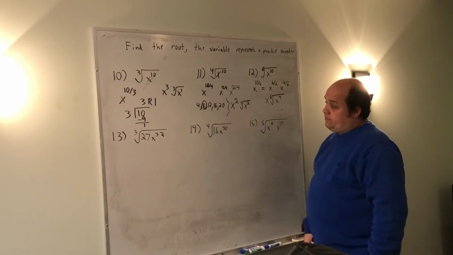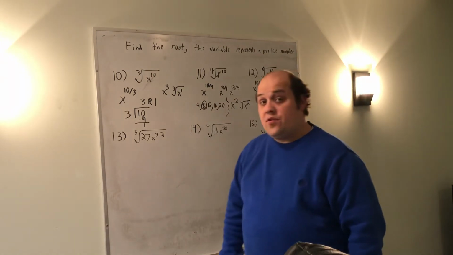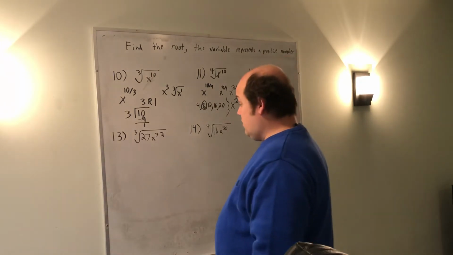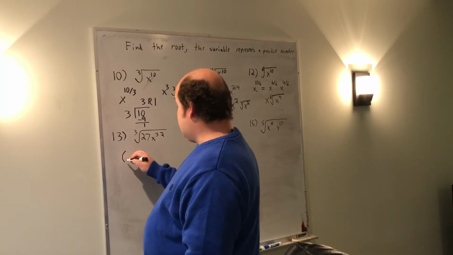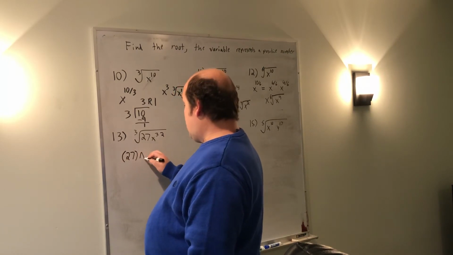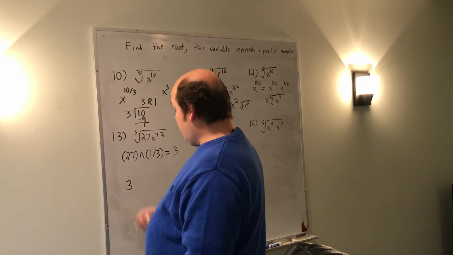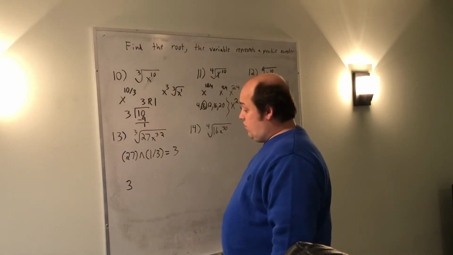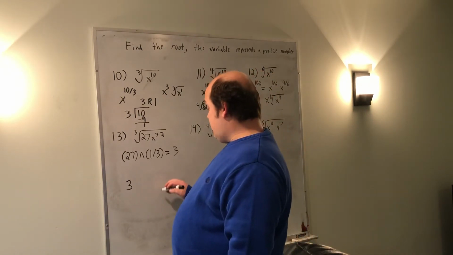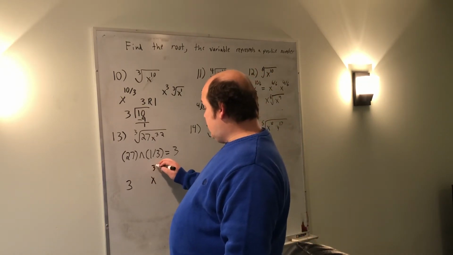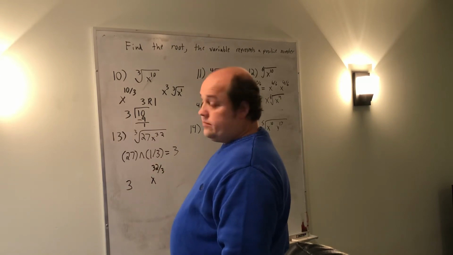When we look at number 13, it has a number as well. The first thing I want to do is take 27 and ask my calculator, what's 27 to the 1/3 power? It'll tell me 3. So the whole number 3 is definitely outside the root. I then need to consider x to the 32 over 3.